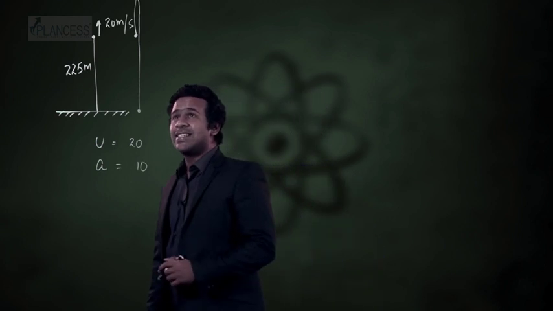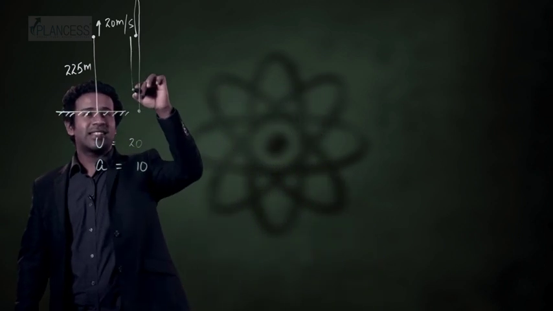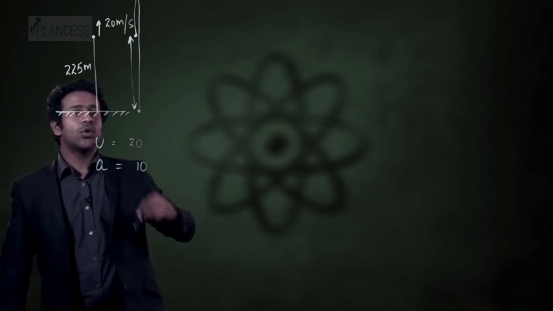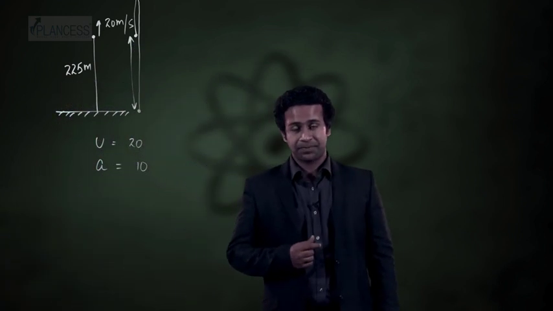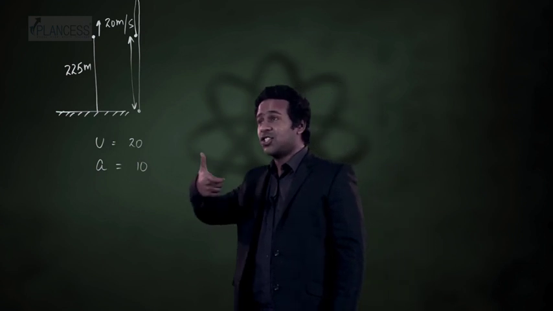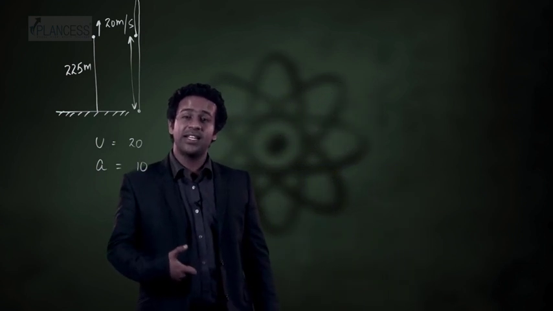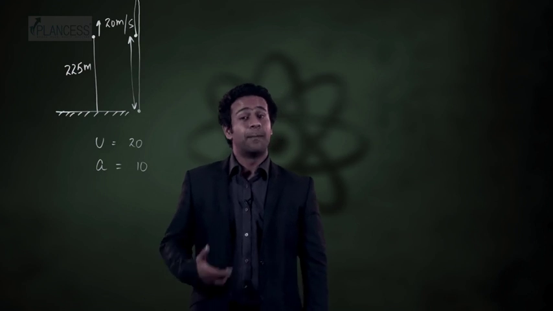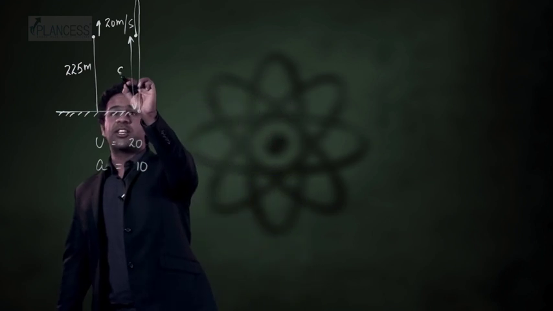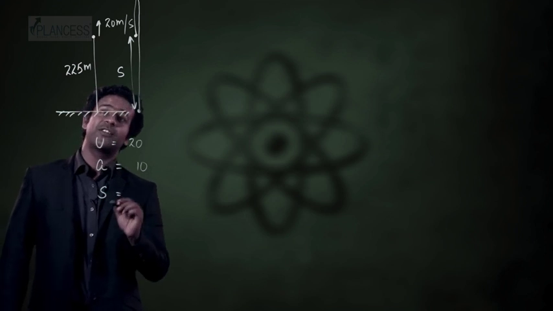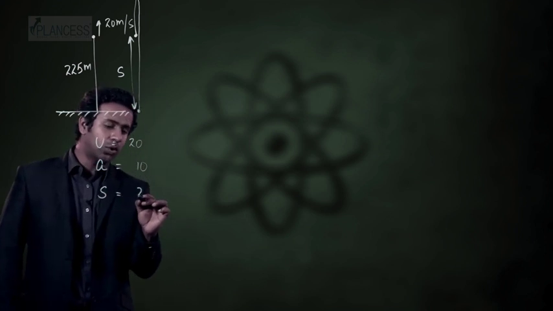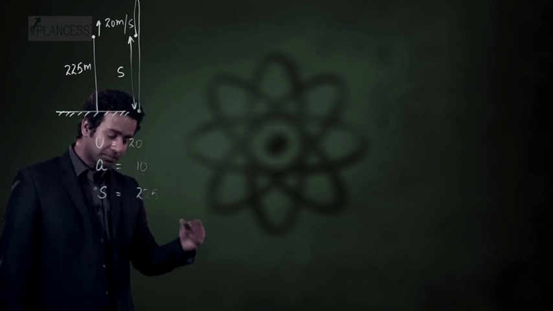So, we can say that this distance is also the distance between the initial and the final position. And the shortest distance between the initial and the final position, by definition, is the displacement. So, we also know that the displacement of this particle is 225 meters.